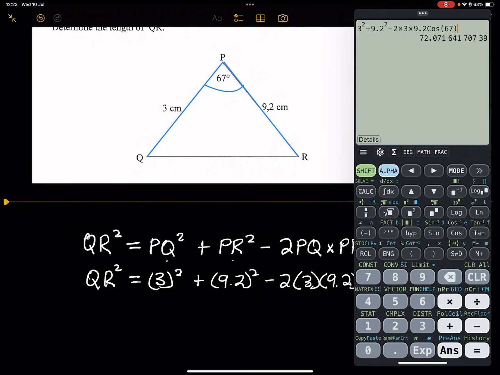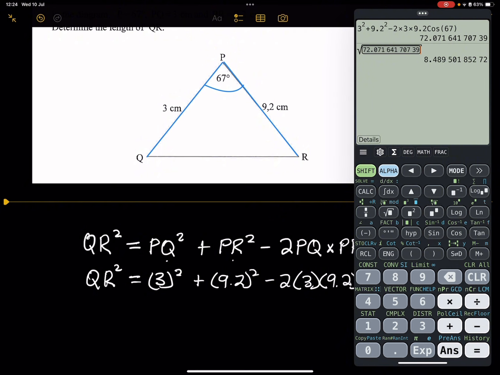Now, ladies and gents, it's really not worth it for you to write down the answer. Let's rather find the square root of this so that we can minimize having to round off before we get to our answer. So the square root of our answer gives me, well, it depends. If the examiner said to 1 decimal place, I would say 8.5.